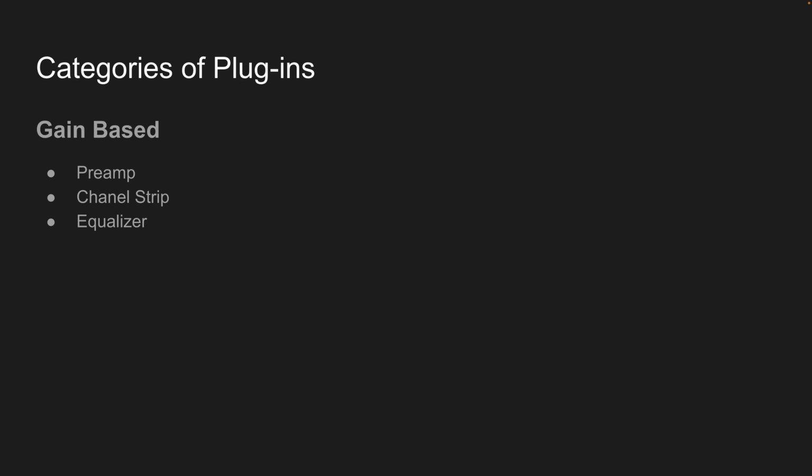So EQ is another one. I'm going to run through these quickly now. EQ, compressor, distortion, many great distortion plugins that are original to digital format, and some that are modeled after hardware units. Saturation, not the same thing as distortion.